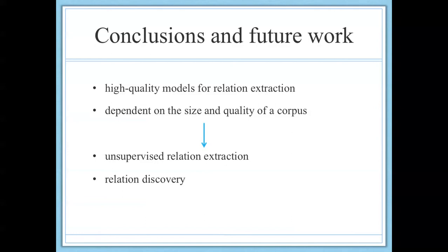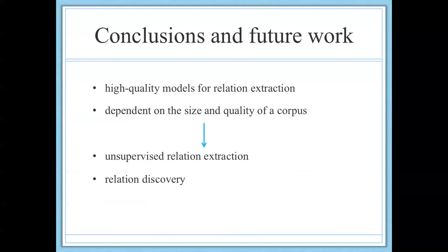This is largely due to the thorough feature engineering as well as to the quality of the input corpus. Currently, the method is dependent on the manual annotation of texts with relational instances. This means that we are only able to train a model for a relation for which we have a substantial amount of annotated instances. This is a major restriction that can be overcome by semi-supervised or unsupervised relation extraction, which is the direction of our future work.